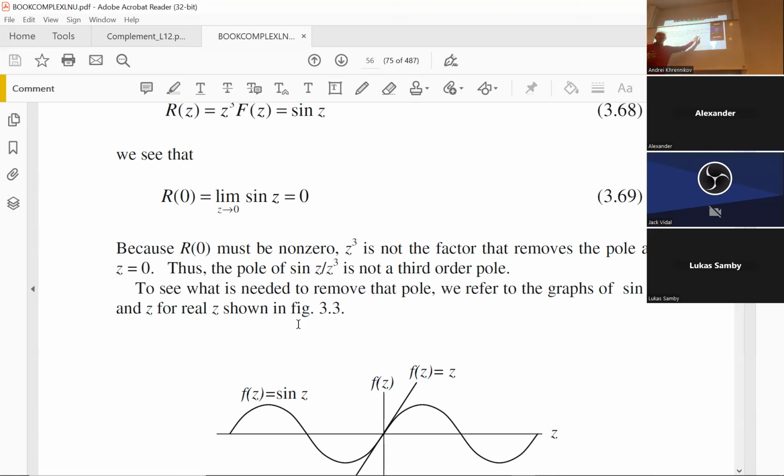You know the Taylor series for sine z. Its first term is z. So when z goes to 0, this can be represented as z divided by z^m, so it is z^(m-1) in the denominator. So this is a pole of degree m minus 1.